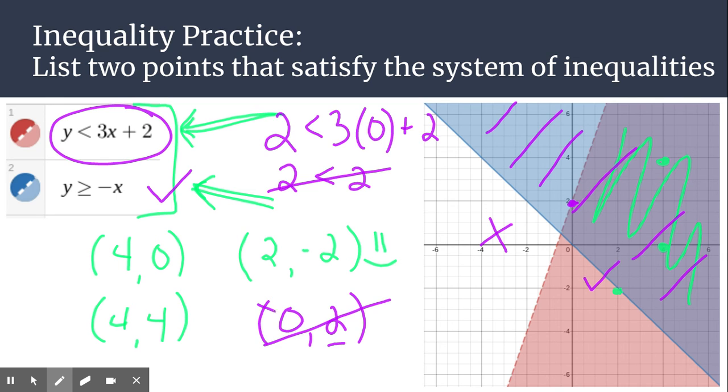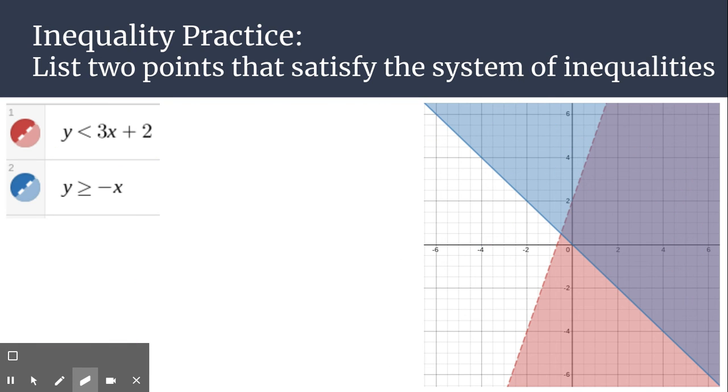So this point does not count as a solution, whereas these other three that I have in this neon green here, all of those would work. Two of them, 4, 0 and 4, 4, were in the shaded region for both inequalities, while the point 2, negative 2 was in the red shaded region, but on the blue solid line. So it worked for my solution set.